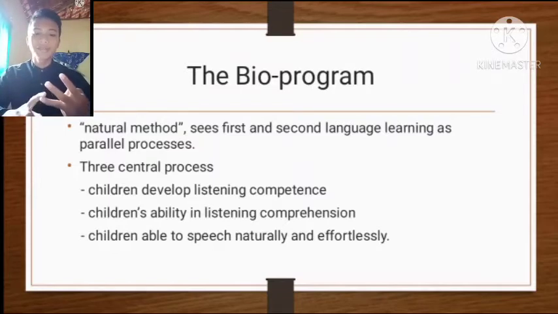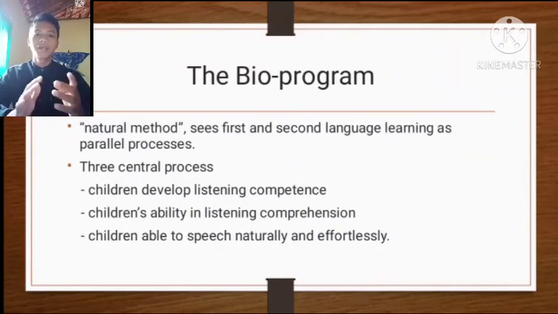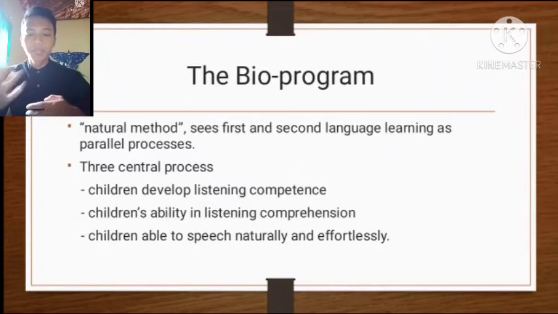And the third, the goal of learning is that children are able to speak fluently and naturally by themselves.